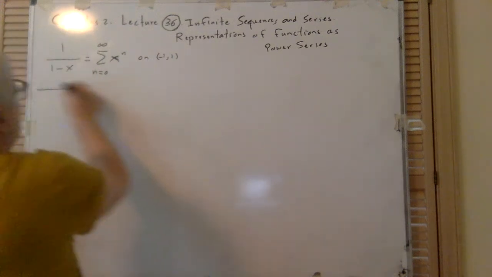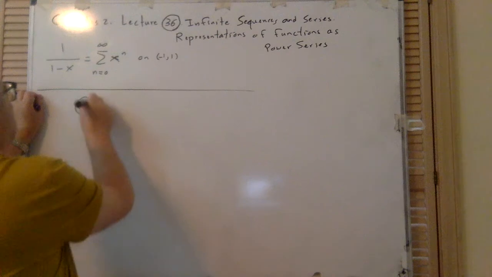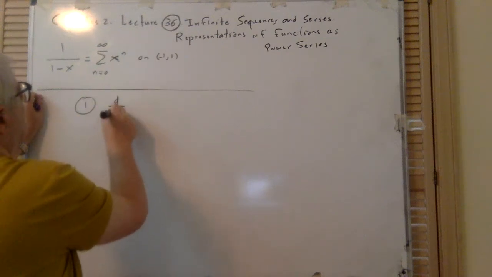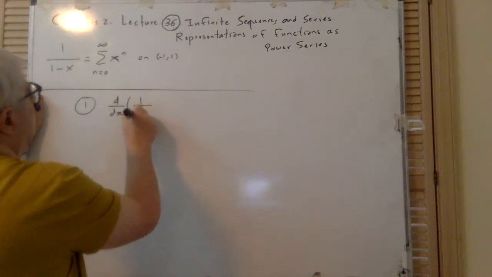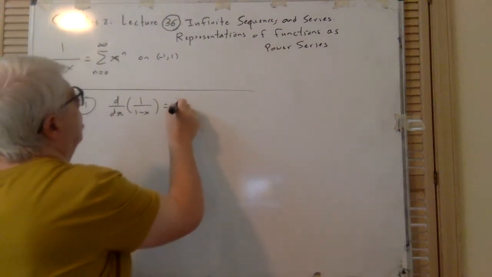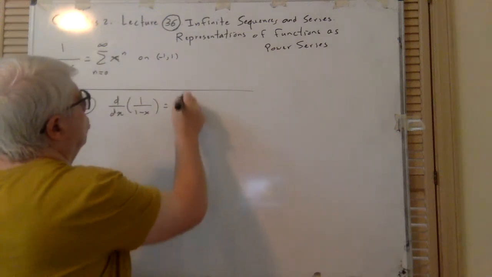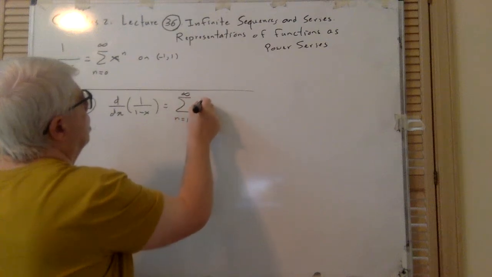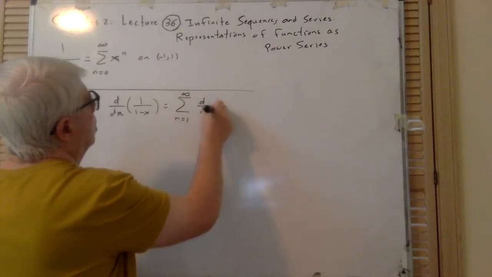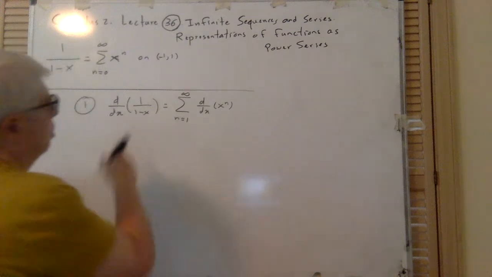Now, example now, well, let's find the derivative, d/dx of 1 over 1 minus x. So this will give me the sum, let's say, from 1 to infinity, remember I need that, of d/dx of x^n. Now, what is on this side? What is d/dx of this?